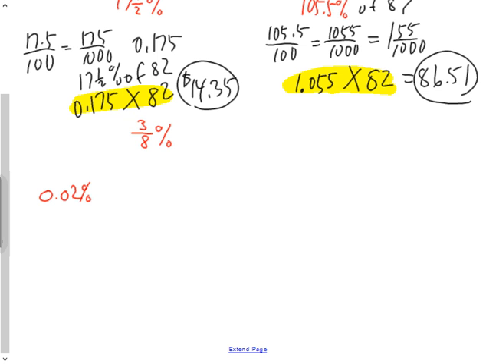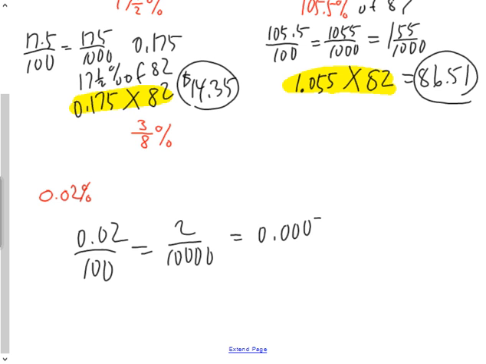And the last one, 0.02%. If we think about this as a fraction, of course it's going to be this, because percents are out of 100, which is going to be this. So I have to move the decimal 2 places by multiplying it by 100, which is going to be 0.0002, or 2/10,000ths. Okay? And since we're looking for 0.02% of 82, we're going to take this number and multiply it by 82. This will be worth 1 point.